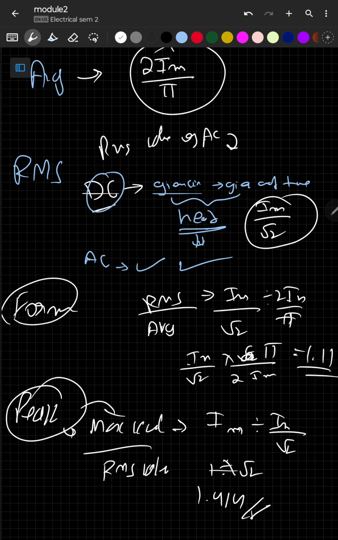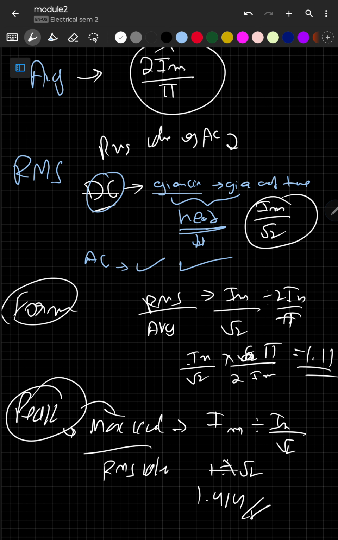It is given by Im by root 2. Next is form factor, and I say form, remember RMS. So RMS value by the average value, correct? Average value we know is 2 Im by pi, and RMS is Im by root 2, so we can solve.